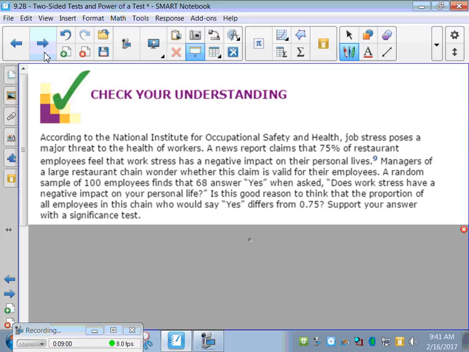So what do you plug in for the null hypothesis when you get to the test? One proportion z-test. So 0.75 is the null, and then your successes are 68, and your n is 100. And then make sure you do the different one when it has the not equal to.